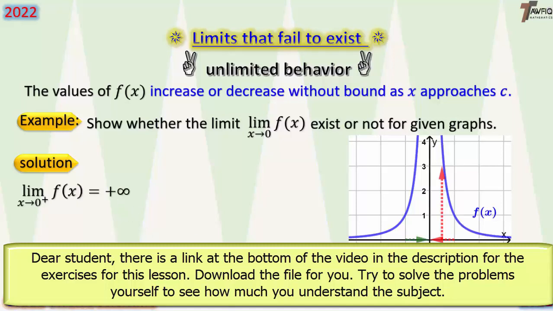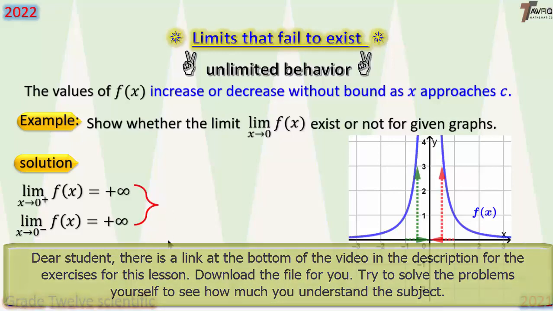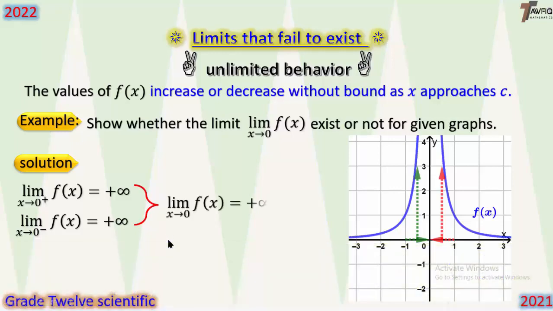And when we approach from the left side, the graph is increasing too without bound. That means the limit from the left side is positive infinity. Here we can say that the limit as x approaches 0 is positive infinity, but still the limit does not exist.